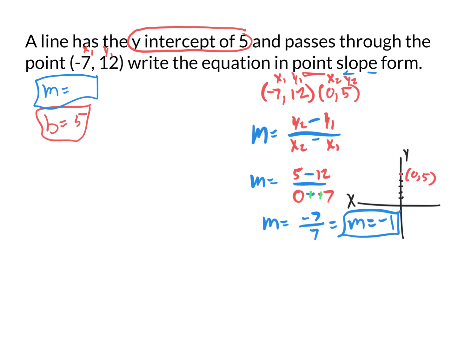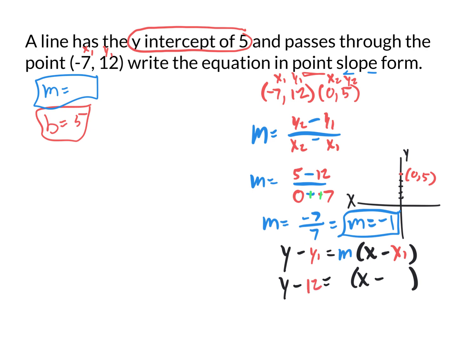Now that we know our slope and now that we have a point, we could actually write it in the form that they want, point slope form. Okay, so point slope form is y minus y1 equals m parentheses x minus x1. Rewrite it with blank spots. That way you could easily plug in your values. The y1 value we see is 12, so we're going to put a 12 right there.